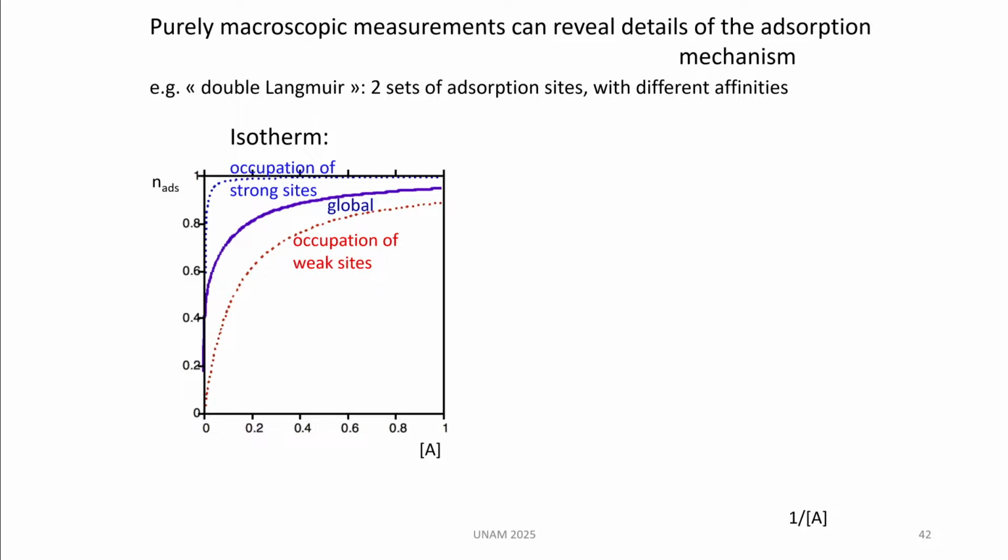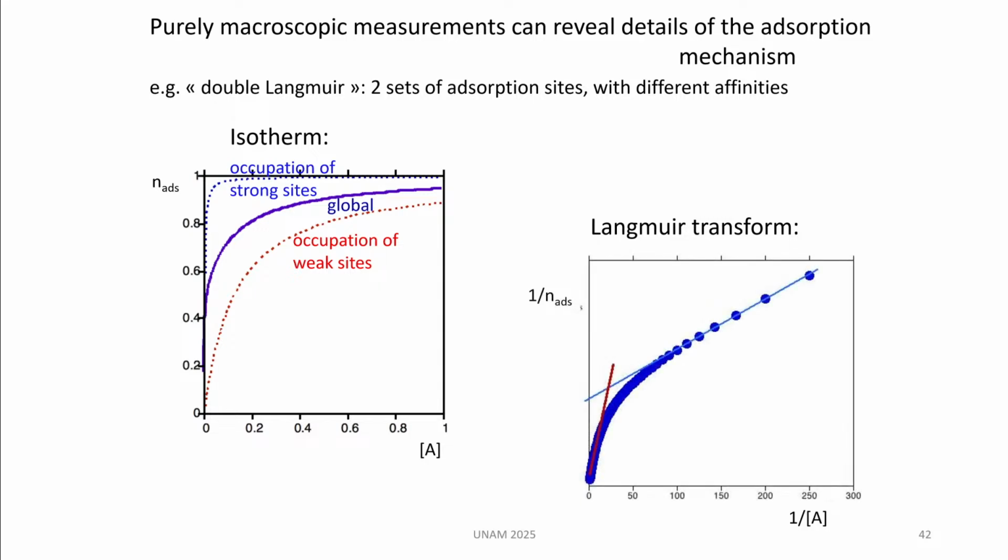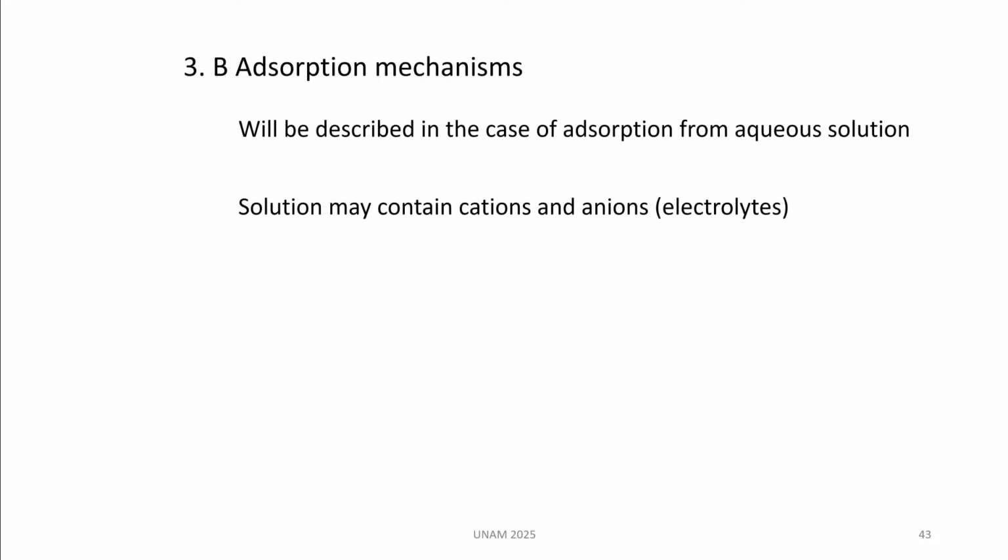And once again, it's not obvious from the global adsorption isotherm to see that you have a double Langmuir. But if you do the Langmuir transform, 1 over n as a function of 1 over a, you will see two straight lines. At high values of 1 over a, you have this segment, and at small values, you have another linear region which corresponds to the second family of sites. So you can learn something on the nature of the adsorption sites just by these macroscopic adsorptions.